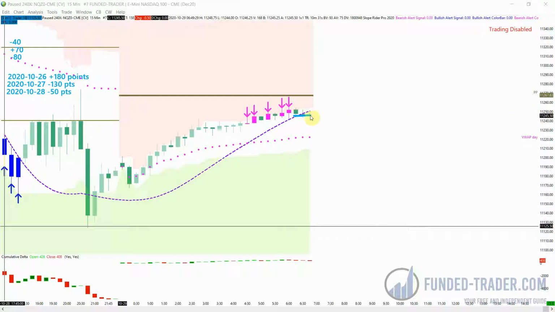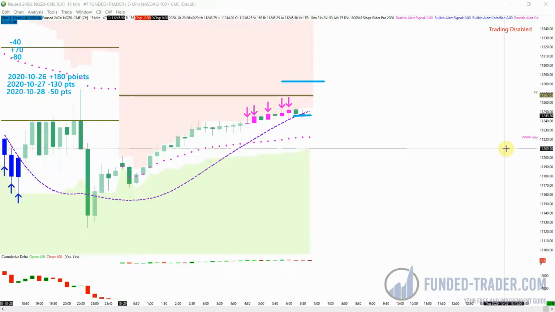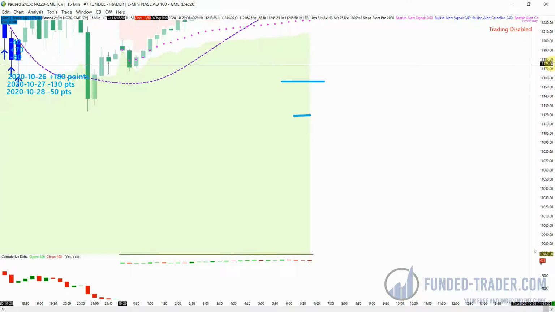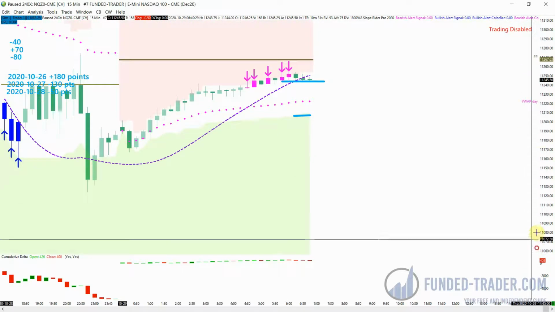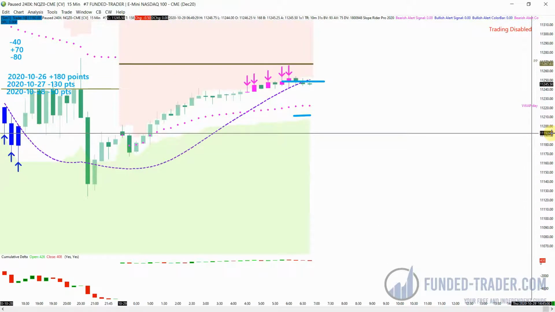This is a short. Stop loss up here, so from 240 to 280, 80 points stop loss. I use the pivot P as protection with a bit of a cushion there. Take profit. Well, pivot S1 is really far away.